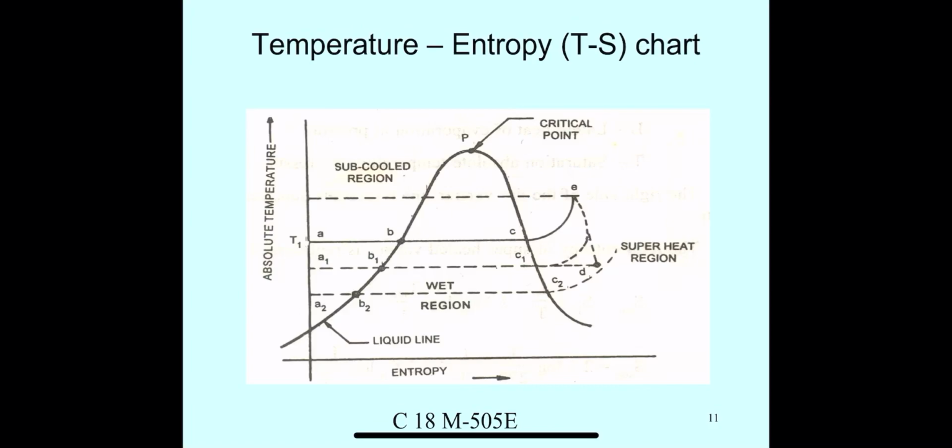In the temperature entropy chart, temperature is on the y-axis and entropy is on the x-axis. This chart also shows the wet region, the subcooled region and the superheated region. So A1, A2 and B, B1, B2 and C, C1, C2.